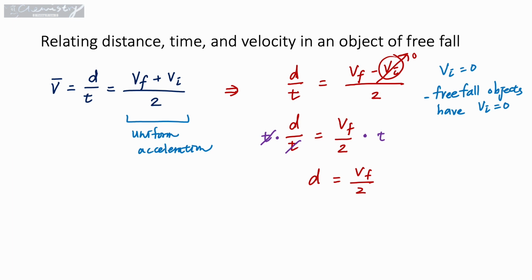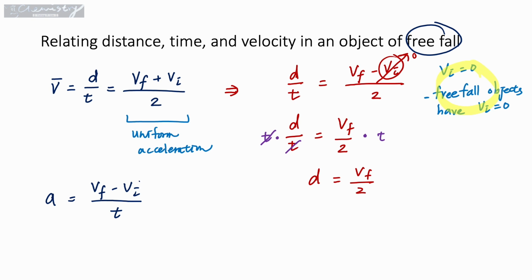Now, let's look at it in terms of acceleration. We know the equation for acceleration is Vf minus Vi divided by time, again. And in this case, because we are looking at free fall, our Vi is, again, equal to 0.